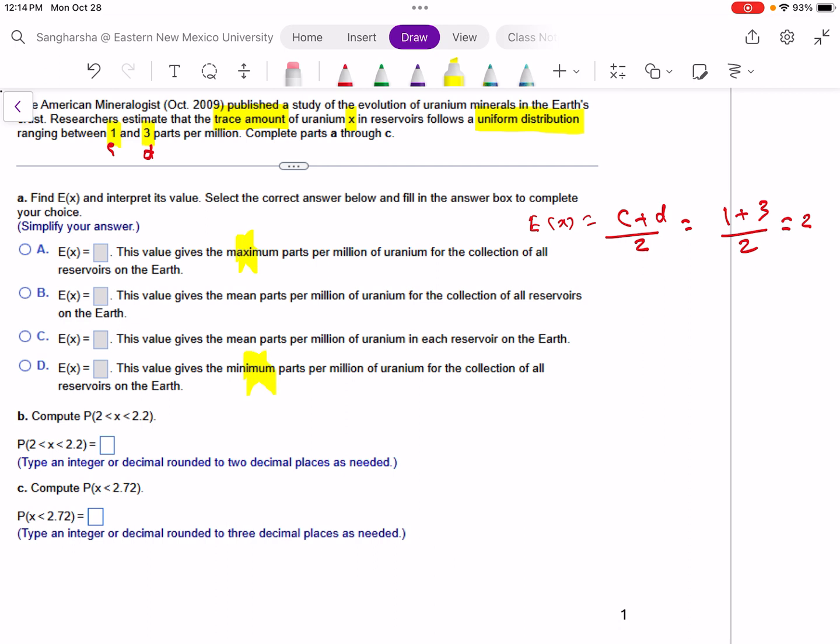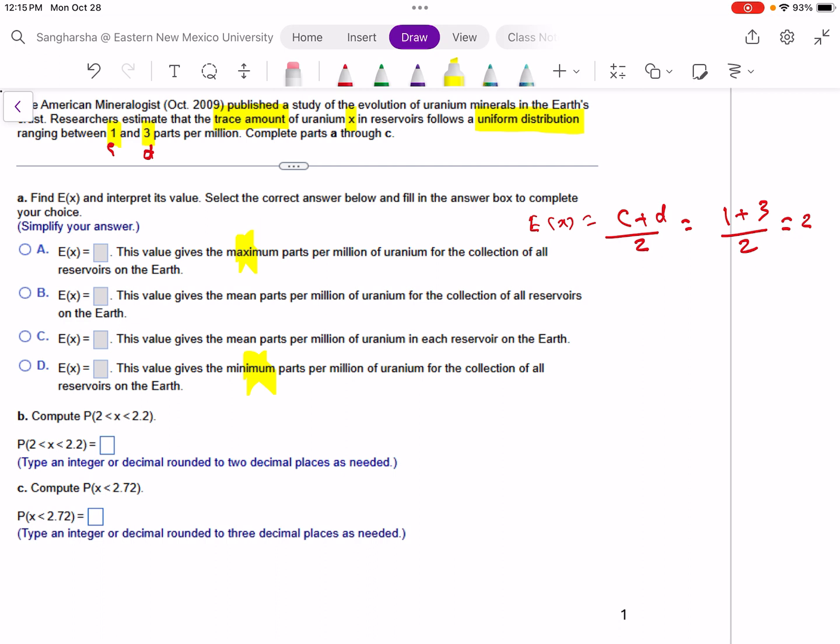Now we have the options B and C. We need to find the correct one. Number B gives the mean parts per million of uranium for the collection of all reservoirs, or C gives the mean value of each reservoir. Which one do you think is the correct interpretation? Now, is this 2 the mean value for all reservoirs or for each reservoir? It's all, okay?